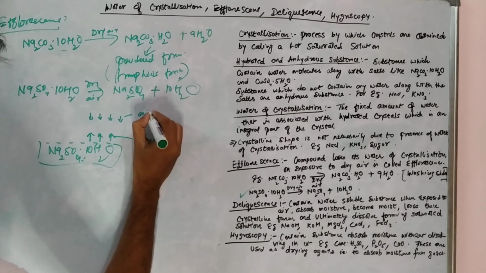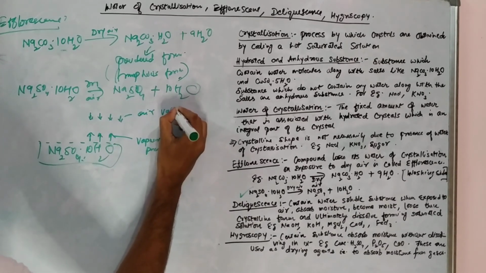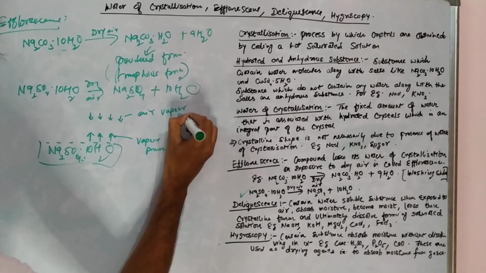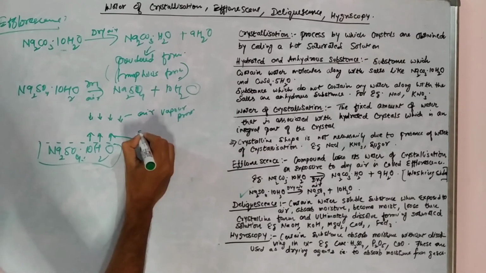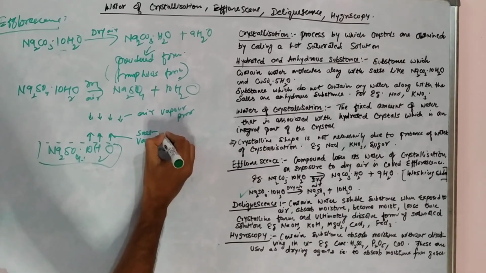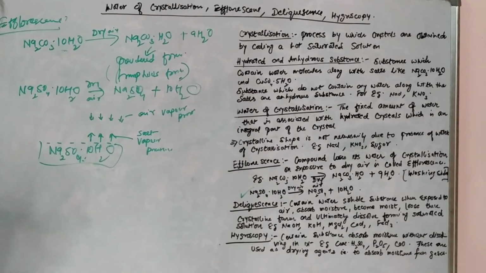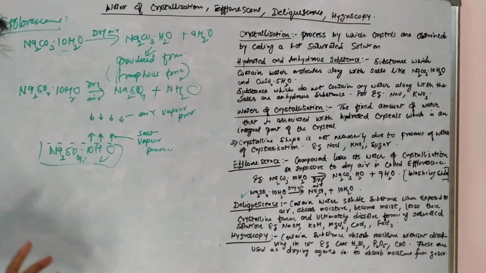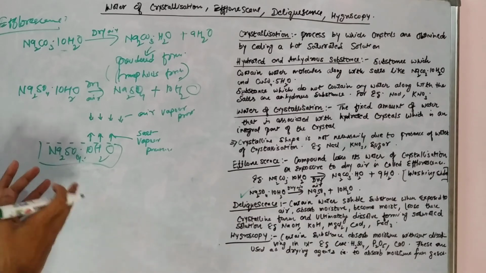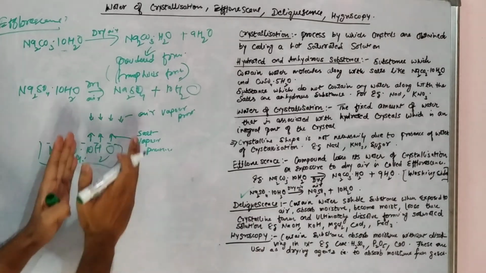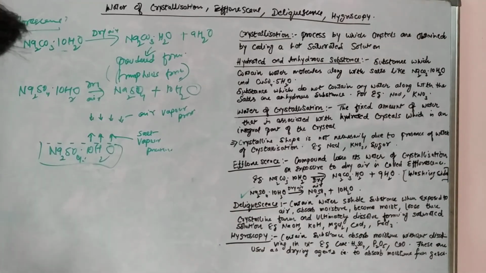This is air vapor pressure, and this is salt vapor pressure. Why salt vapor pressure? Due to these water molecules that are present in the salt. So the water molecules contained in the salt will also have some vapor pressure.